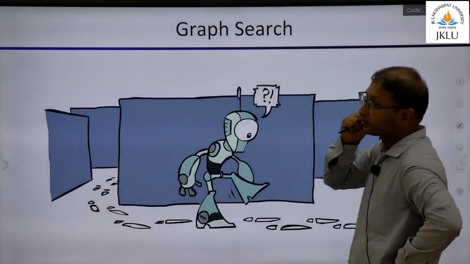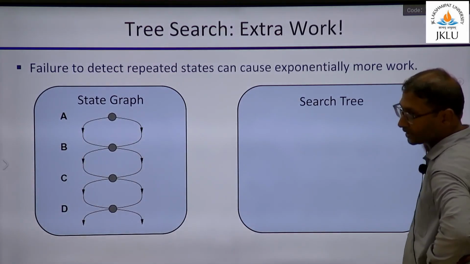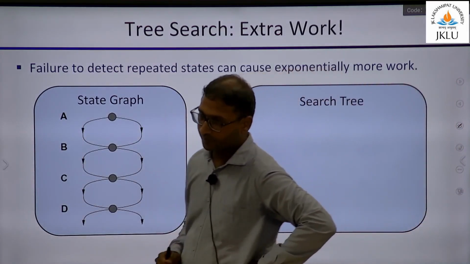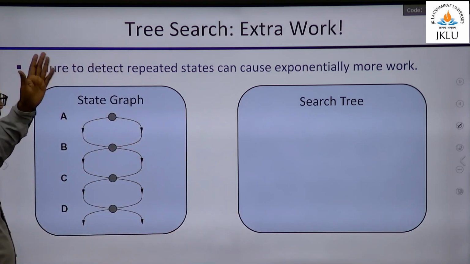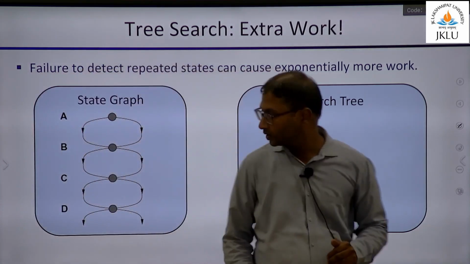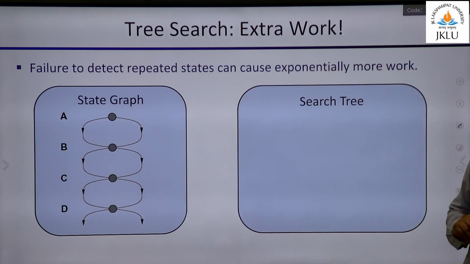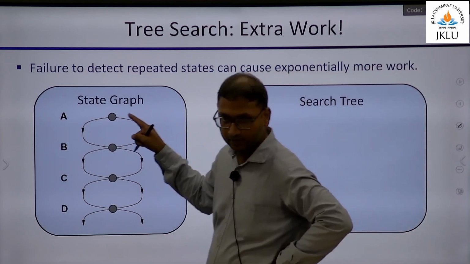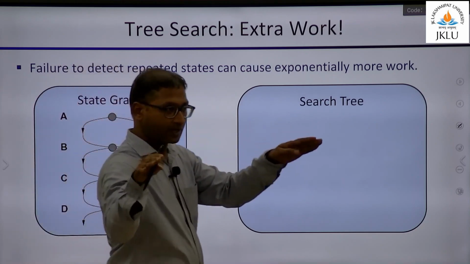So now we were talking about graph search. Many of you had suggested better ways of doing things when we were doing BFS and so on. How would you draw the corresponding search tree for this state space graph? Start from A. Now from A to B you have two paths.